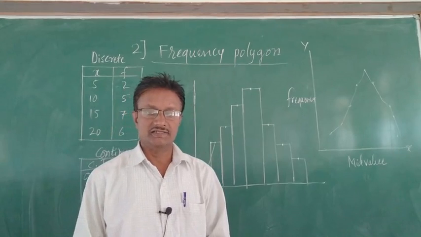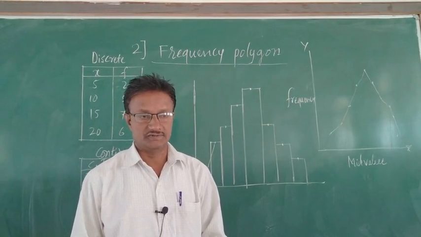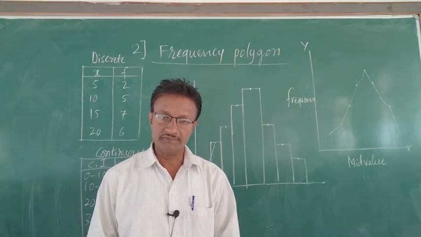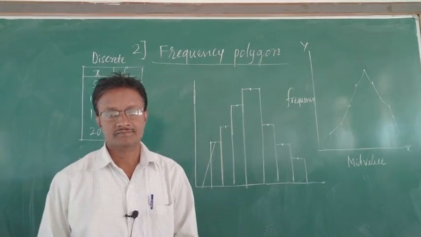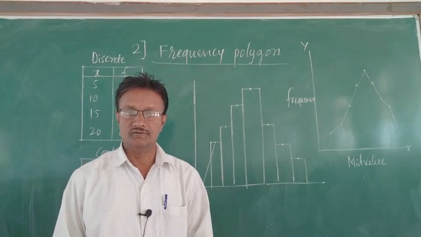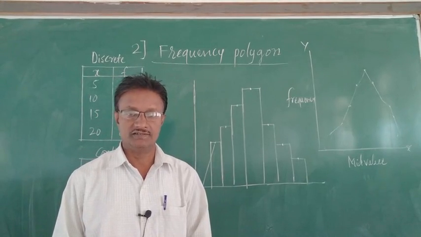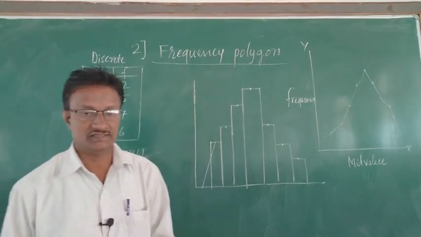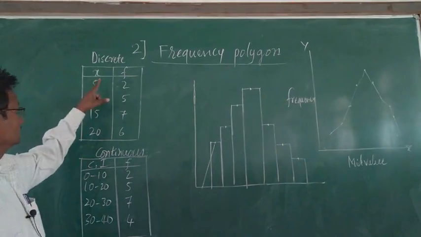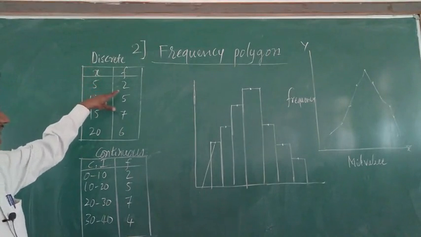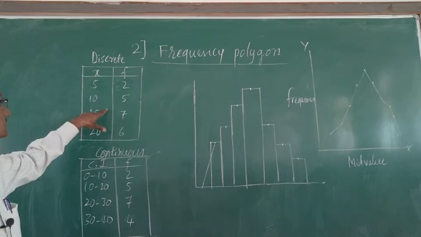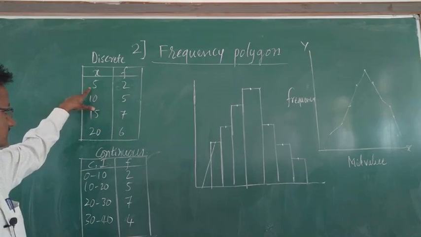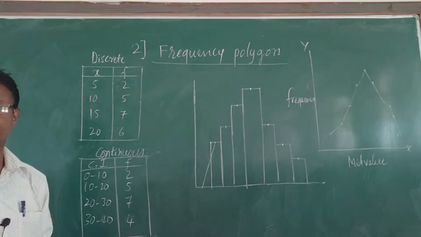So, what is discrete frequency distribution? In any frequency distribution, if there are no class intervals, then it is called discrete frequency distribution. Here is an example. It is discrete frequency distribution because here there are values and corresponding frequency.